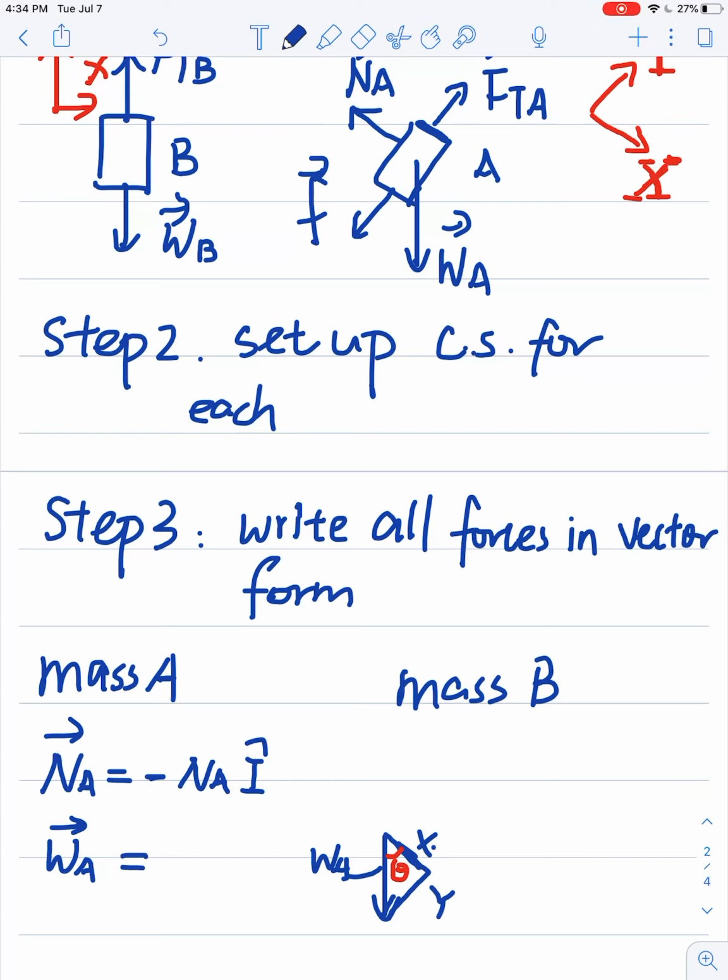So WA has a component on x direction, which would be positive. So WA times cosine theta.